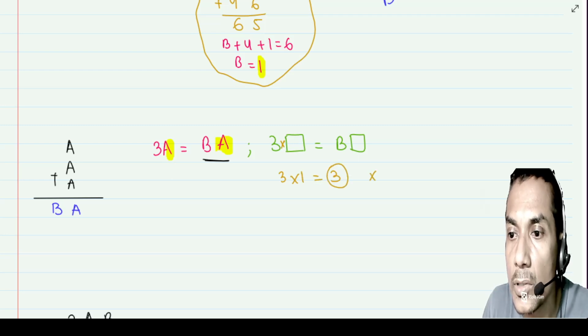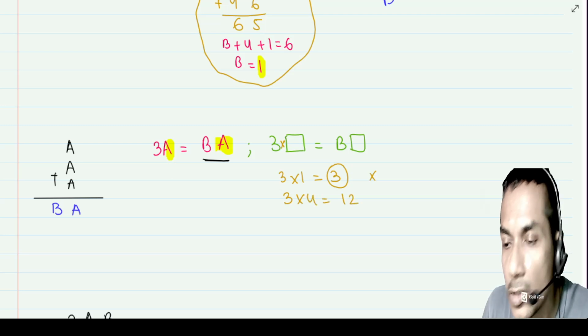It is also not possible. 3 into 2, 6, that is also not possible. 3 into 3, 9, that is also not possible. 3 into 4, 12. So this is a 2-digit number.